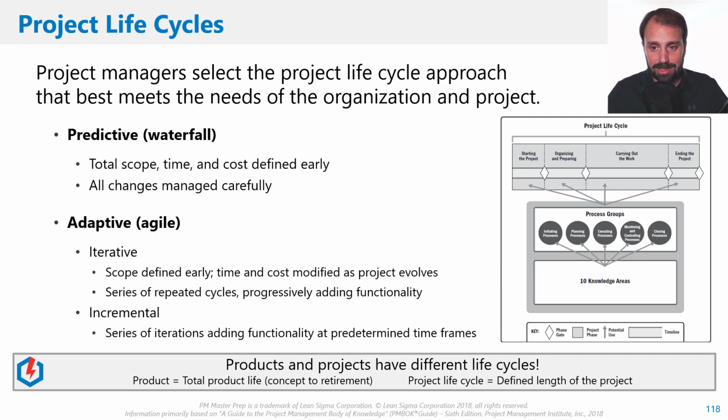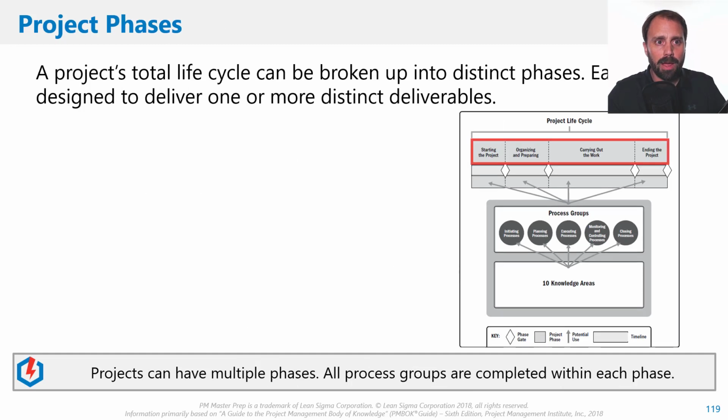Hey, we have everything set up. It's done. That's the end of the project. So that is the project life cycle. The product life cycle remains running, but the project life cycle is different. So we're going to frame up the project life cycle as a defined beginning and end of the actual project, right? All right, but then within the project life cycle, there can be phases.